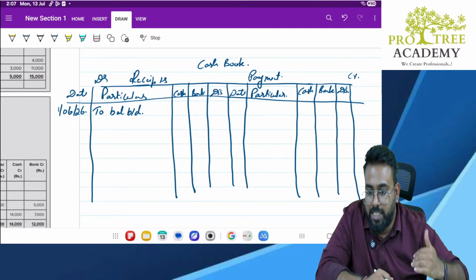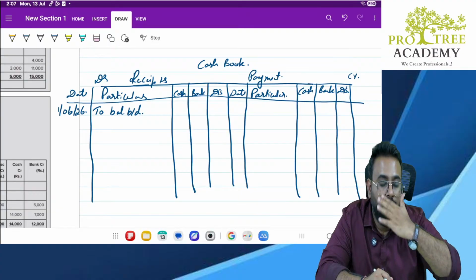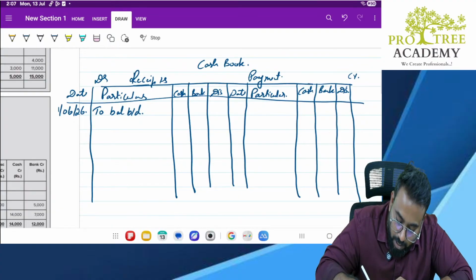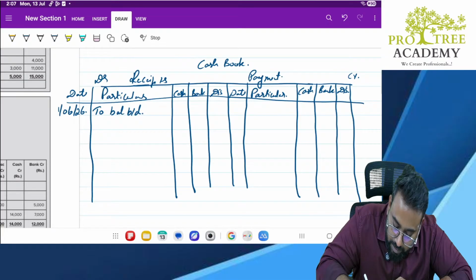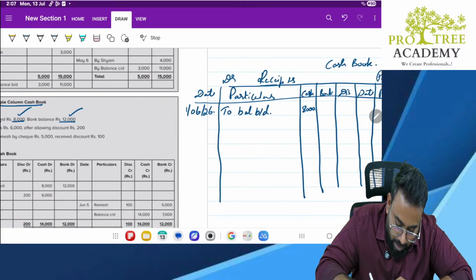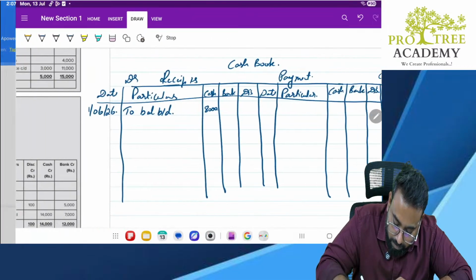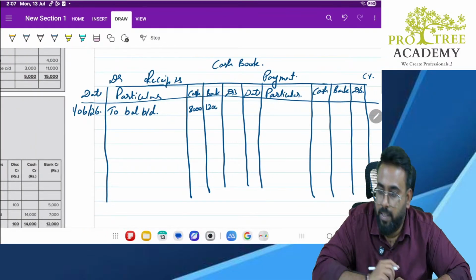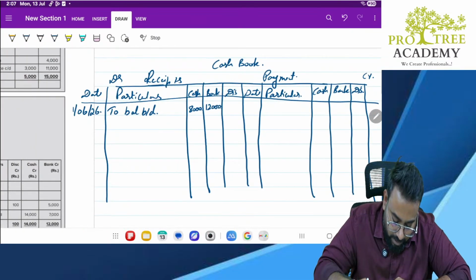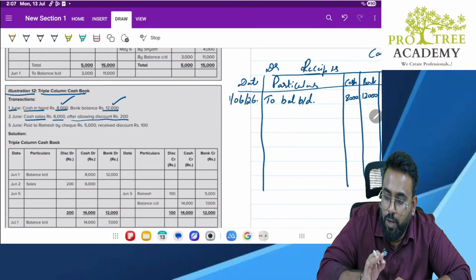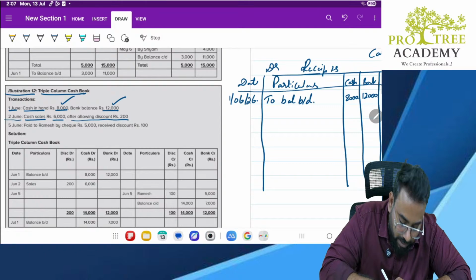When it comes to the next year or opening, it will be to balance brought down. Clear? How much was the cash balance? 8,000. And bank will be 12,000.